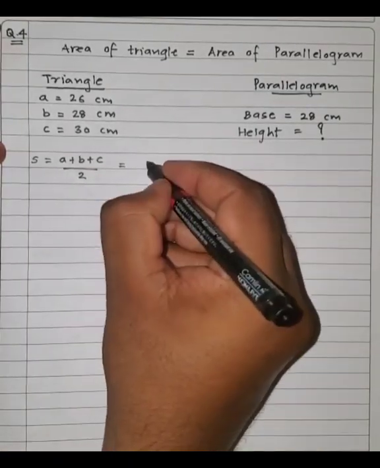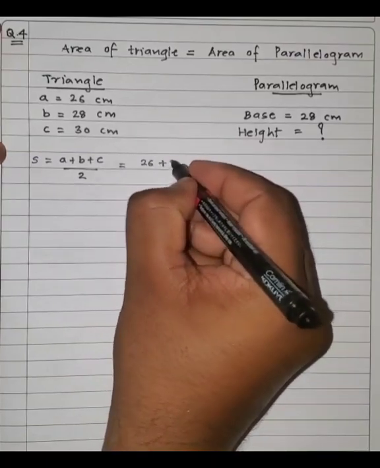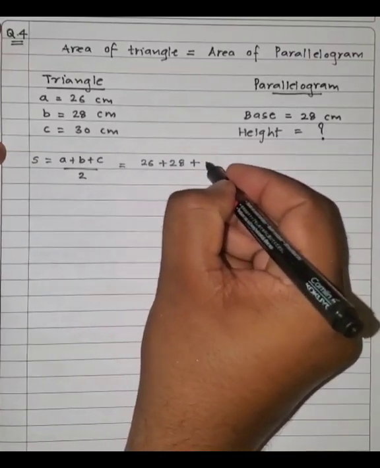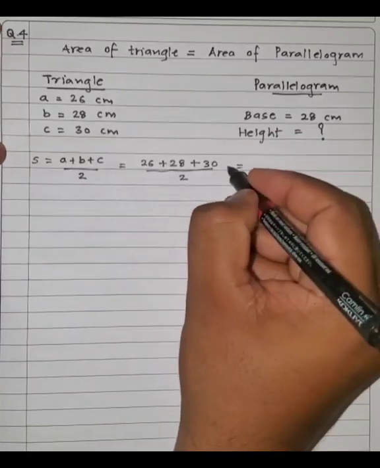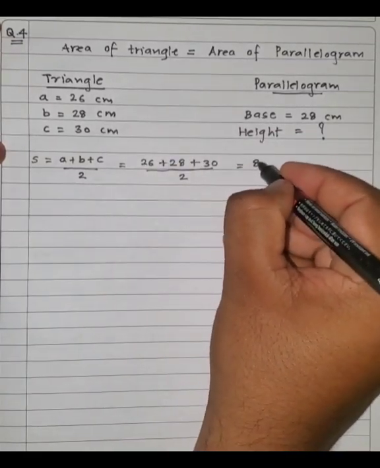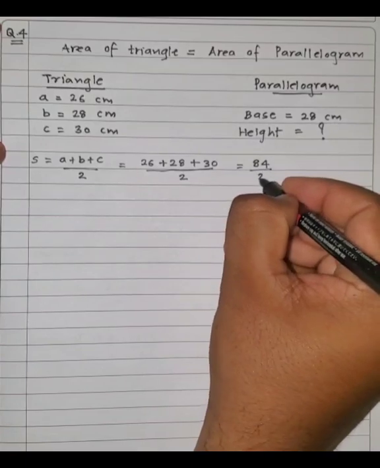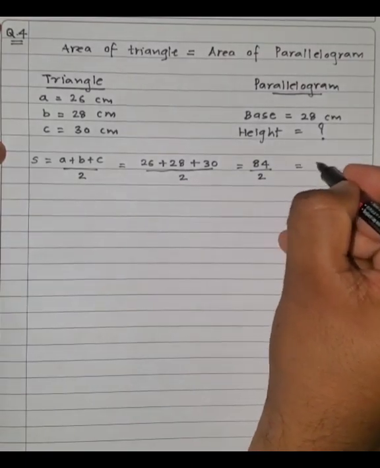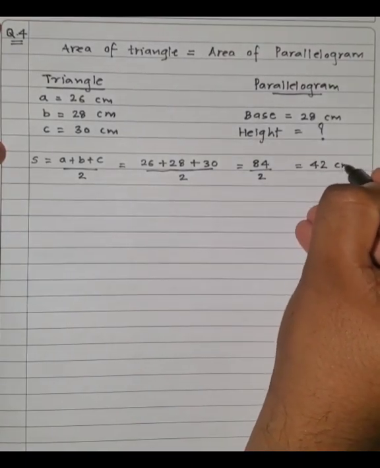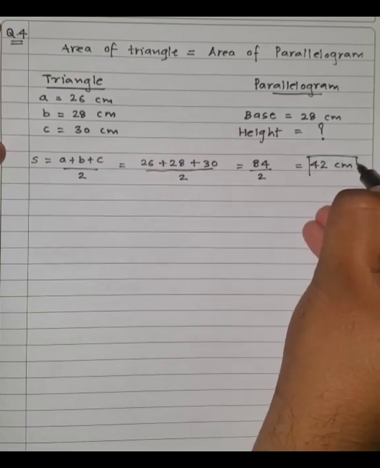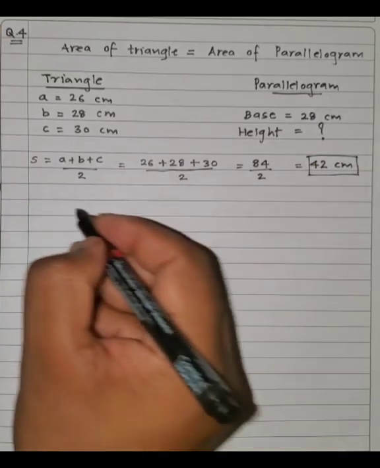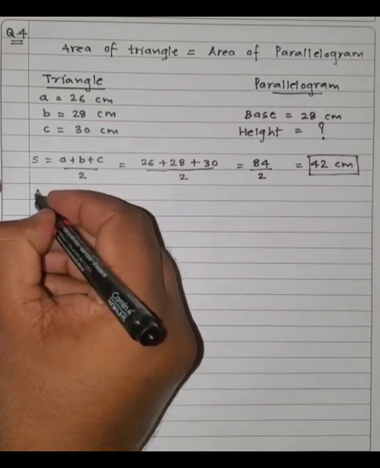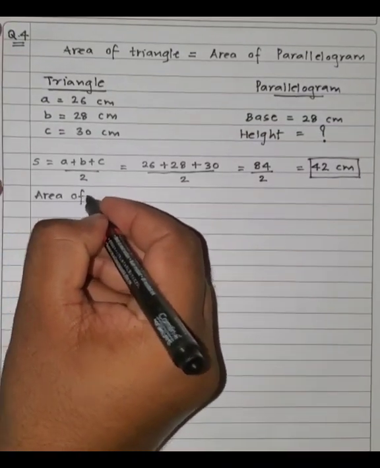That is 26 plus 28 plus 30 divided by 2. When you add all of them, you get 84. 84 divided by 2 is 42 centimeter. So, the semi-perimeter of the triangle is 42 centimeter. Let us use that to find the area of the triangle.